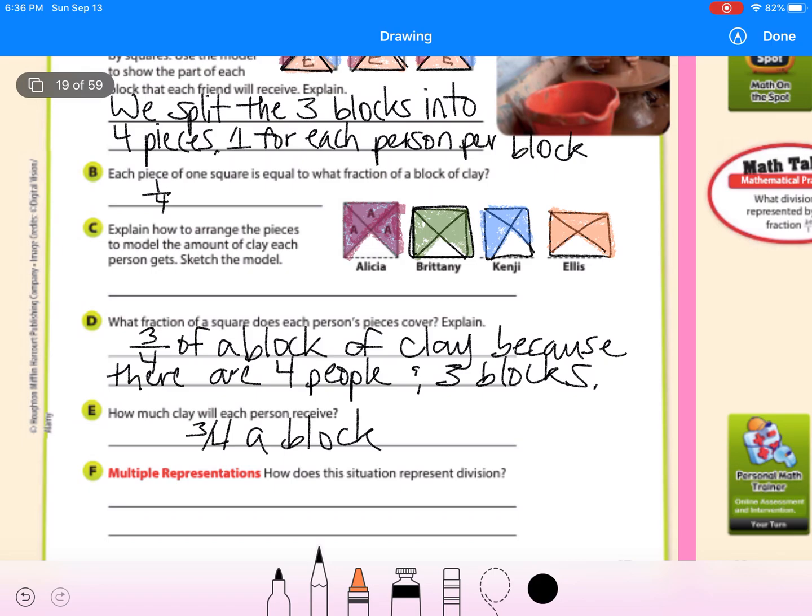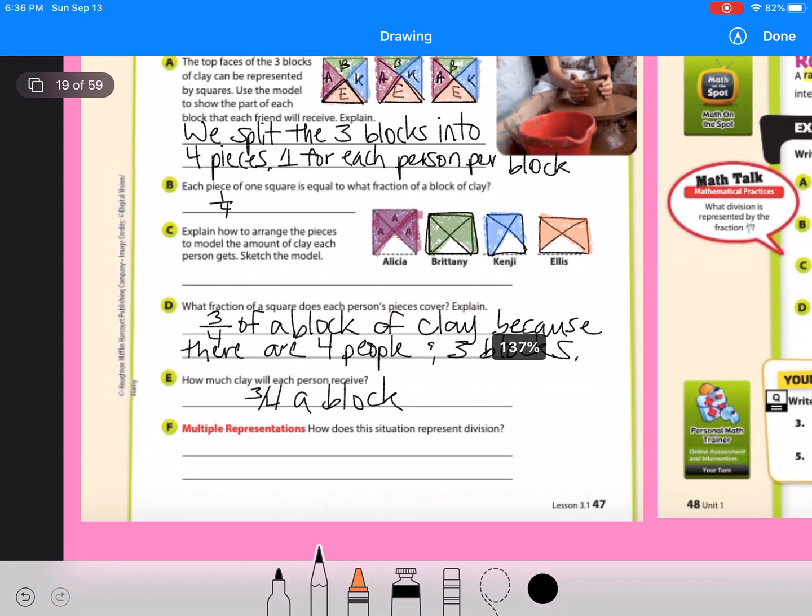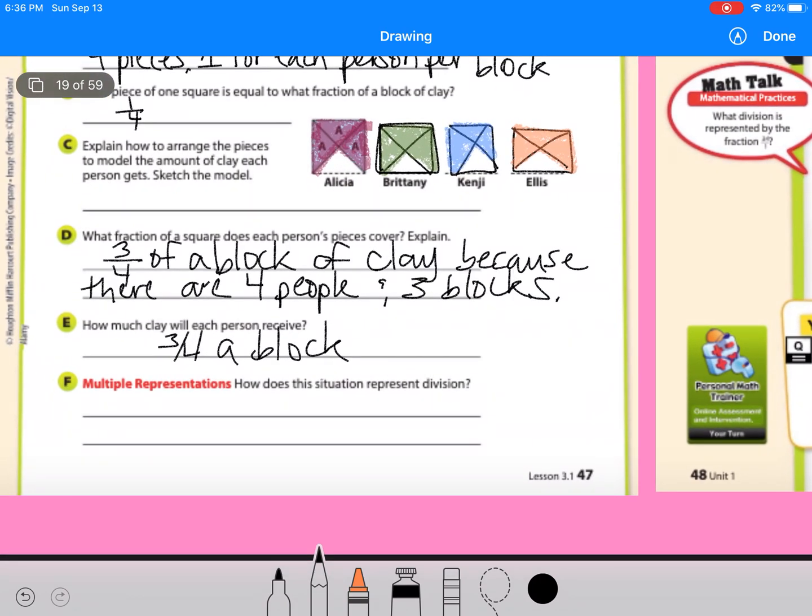How does this situation represent division? Okay, so fractions and division are the exact same thing. You are dividing a part by the whole. So they divided 3 blocks of clay by 4 people.